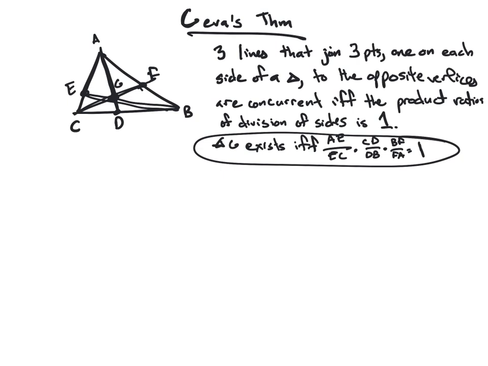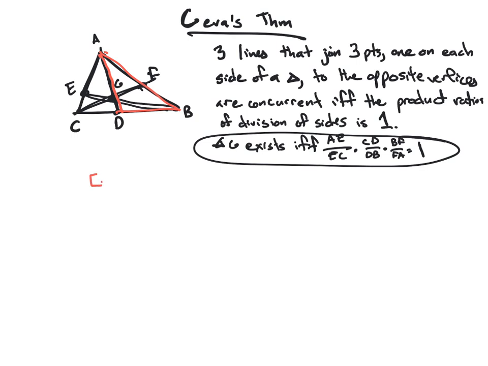Now you can see how this will be helpful for proving the existence of these centers that we've kind of justified in GeoGebra, proven a little bit, but how do we know that they exist? Well, Ceva's theorem actually gives us a really nice way to do this. So here's the strategy. Let's look at this triangle, ABD, with these points as shown.